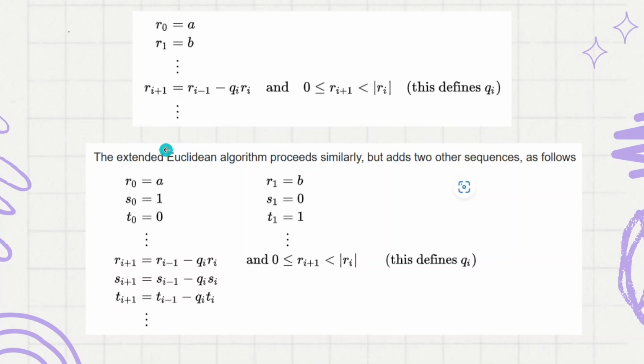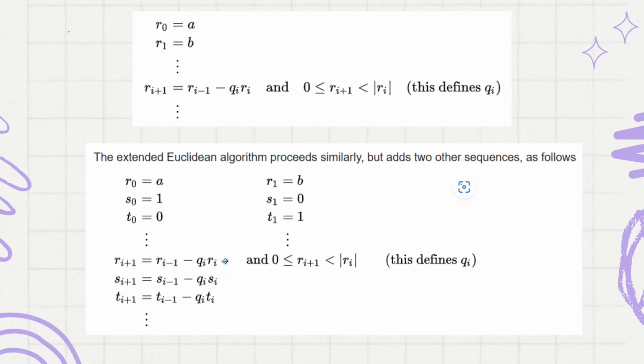The difference between these two algorithms is that in the extended Euclidean algorithm, instead of just stating r0 equal to a and r1 equal to b, we also initialize s0 and t0 and s1 and t1 values. And just as we have a recursion for r like this, where it involves dividing, we have a similar recursion for s using the same q i that we generated here.